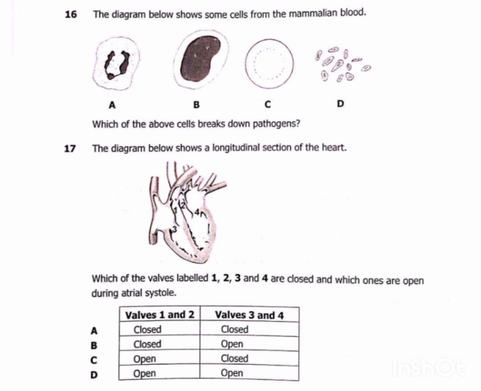Now this question is based on the atrial systole, the contraction of the atria. So what happens during atrial systole? Remember, during atrial systole, the atria contract, pushing blood into the ventricles.